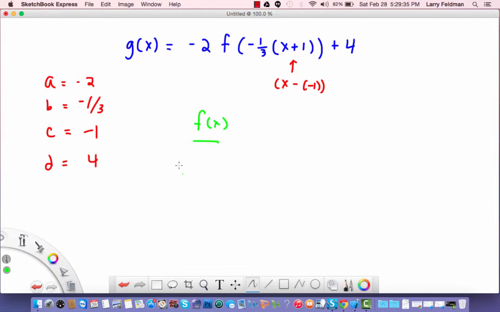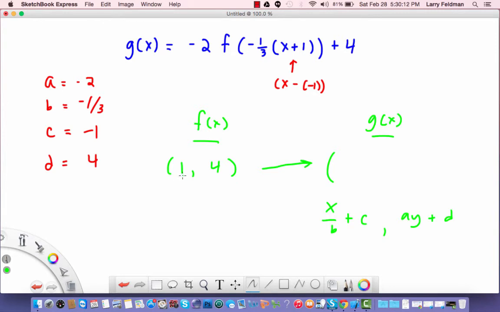So notice or recall from a few minutes ago that if we have a point on f of x, let's say it is 1, 4, and I want to know where that point moves to on g of x. So the formula, I'll just put it down here, was x over b plus c, comma, a y plus d.